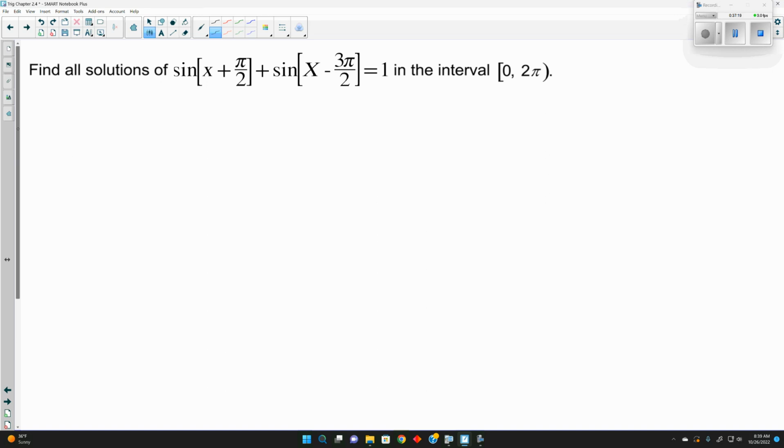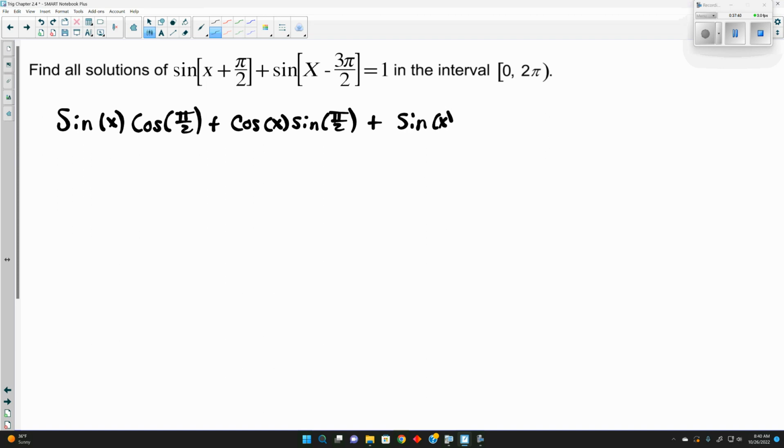Now, when we do this one here, we can start off with our sum and difference formulas. So sine of x cosine of pi over 2 plus cosine of x sine of pi over 2 plus our next one would be sine of x cosine of 3 pi over 2 minus cosine of x sine of 3 pi over 2 is equal to 1.